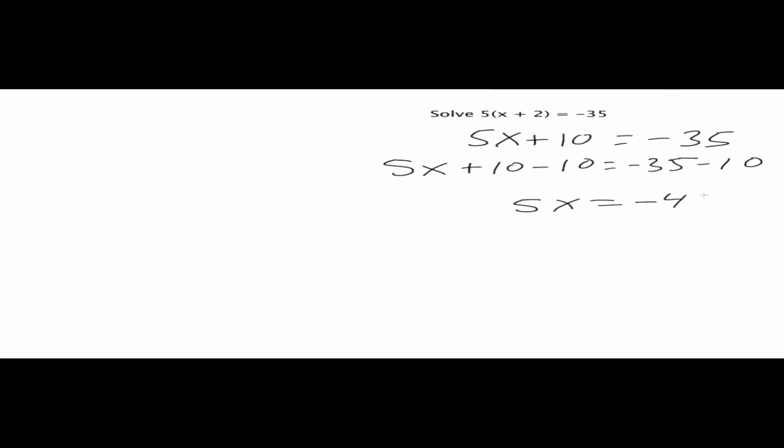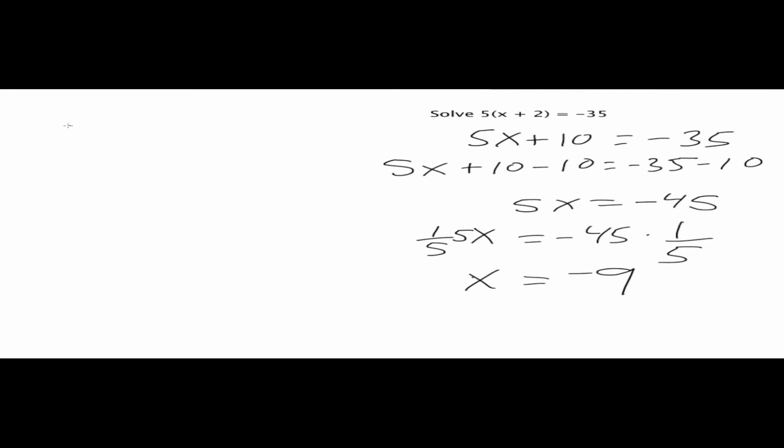10 minus 10 is 0, so 5x equals negative 35 minus 10 is a negative 45. There's more negatives there now. And now I'm going to use the reciprocal of 5. 1/5 times 5x equals negative 45 times 1/5. And 5 over 5 is 1. Negative 45 divided by 5 is negative 9, our answer. Does it check?